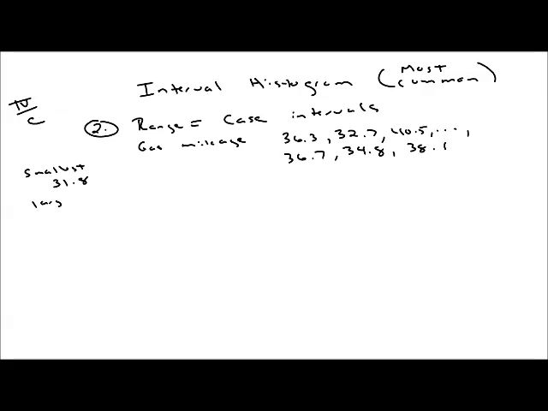And then we're going to look at the largest, which is 42.1. So I want to make about, I don't know, 5 to 10 case intervals. Okay, I want to make 5 to 10 of them.